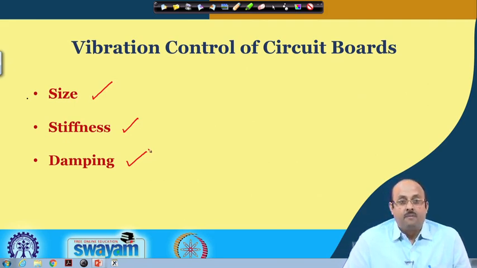It goes to generate heat, and that is very important from the electronic packaging point of view, because damping enhances the heat and there must be sufficient provision for conduction of this heat to other parts of the structure.